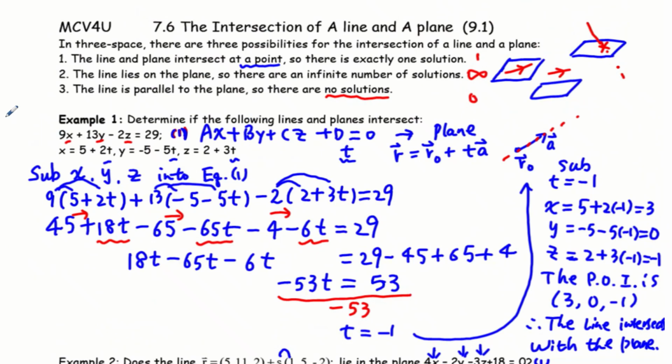And go back and check what we have covered for today. We have covered finding the point of intersection of a line and a plane. 3 possibilities: 1 point of intersection, infinite points of intersection, and 0 points of intersection. So we want the plane in the Cartesian equation form.